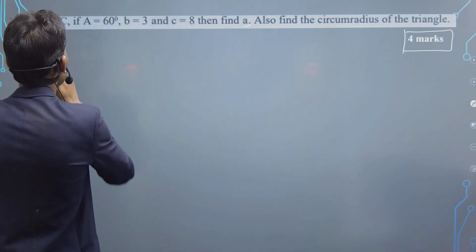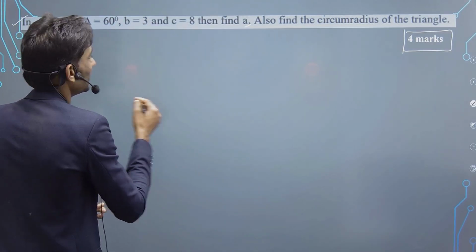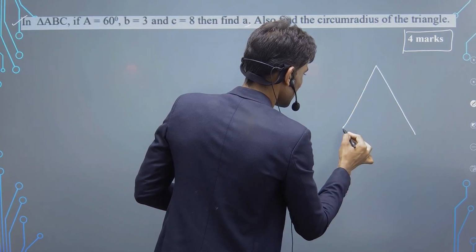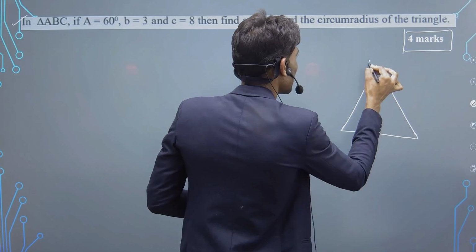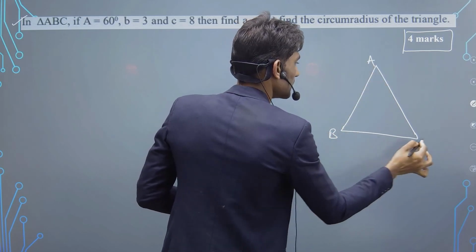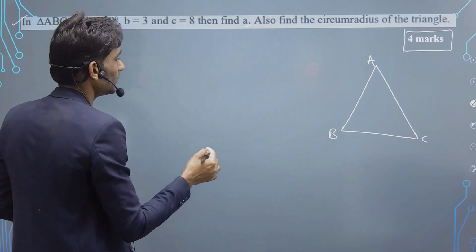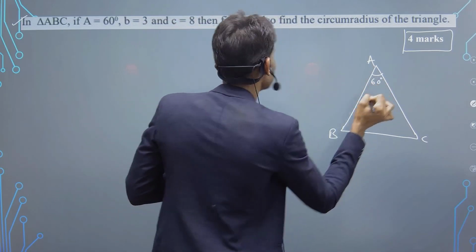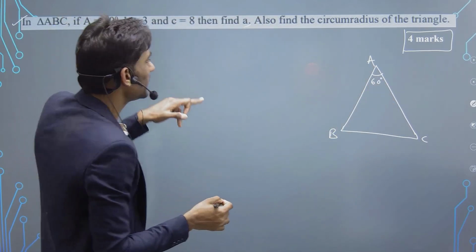Now, in our triangle ABC, let's draw the triangle here. Triangle ABC, in which angle A is given as 60 degrees.